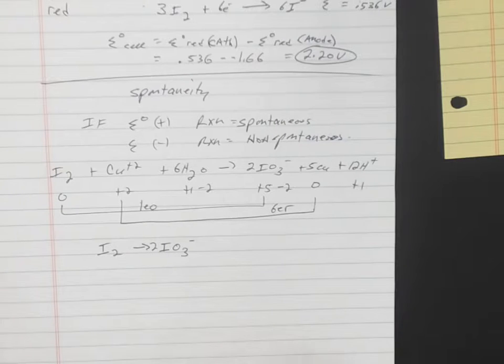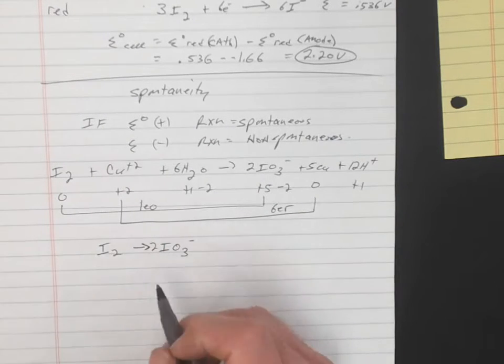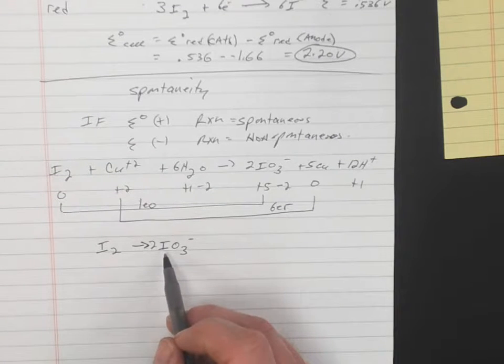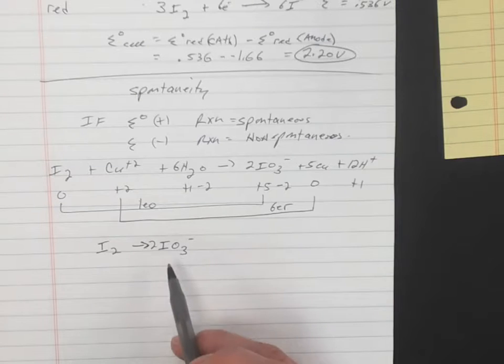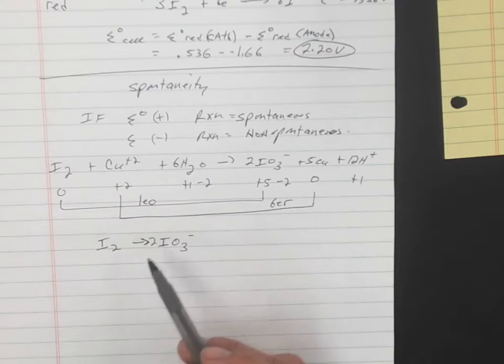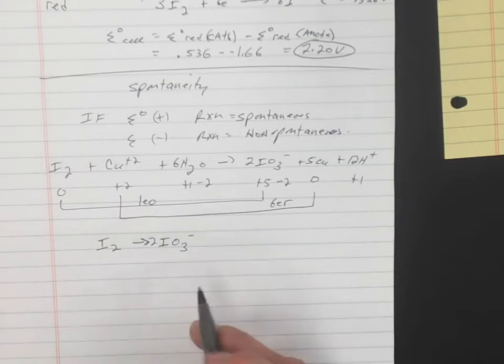Let's see if we can figure out the half reaction here using what we basically did with our acidic medium. So if we want to balance this, the half reaction at least, first thing we need to do is balance things other than I, or O and H. We're good because I is balanced.